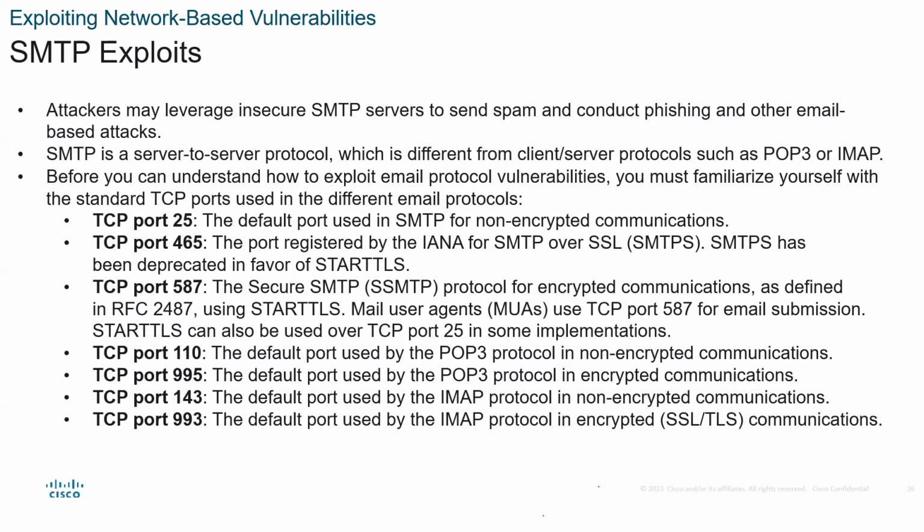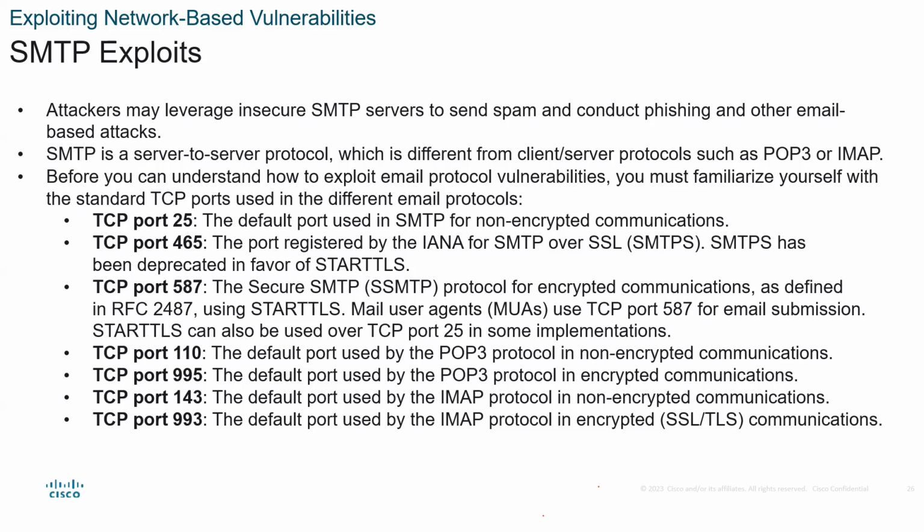Before you can understand how to exploit email protocol vulnerabilities, you must familiarize yourself with the standard TCP ports used in the different email protocols. 25 is SMTP, the default for non-encrypted communications. Then the one that has been registered by IANA for SMTP over Secure Sockets Layer, SSL, is SMTPS, just like how you have your HTTPS, right?